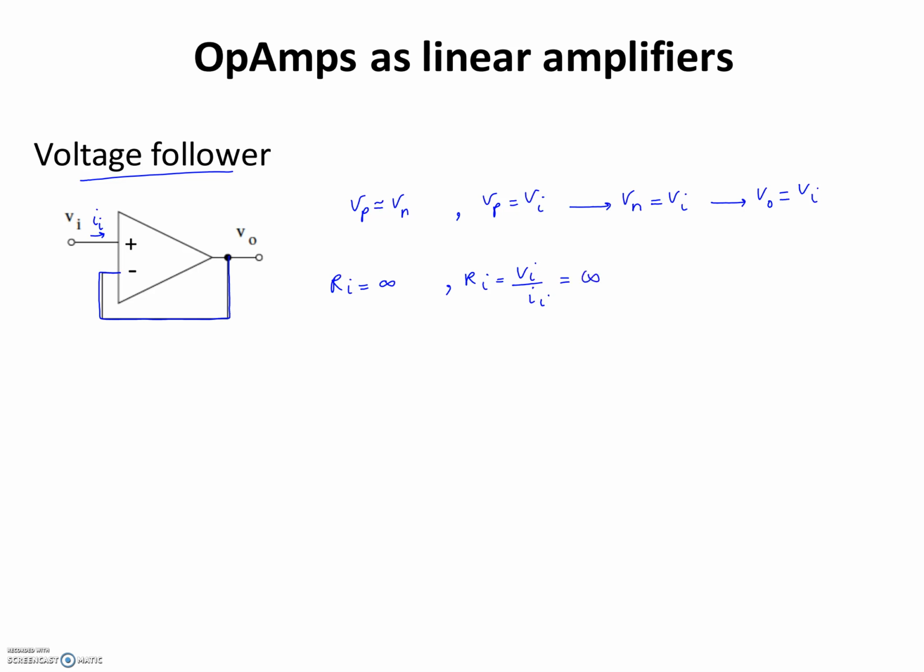As a result, the input impedance is equal to infinity, and the output impedance of the op-amp is equal to 0. This configuration is the same as the non-inverting op-amp configuration.